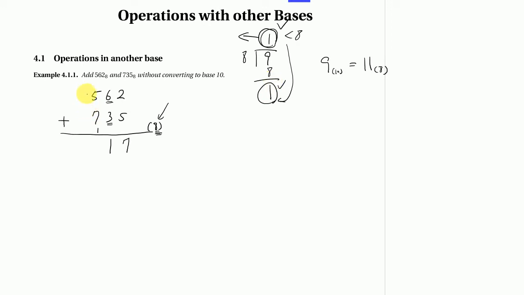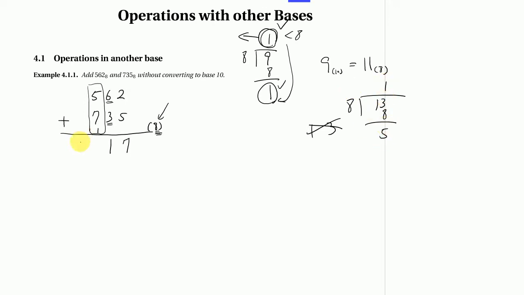Then in the next one, we have to add all these 3 values together. Then it becomes 13, right? So even in the decimal notation, you have to put 1 and 3 like that, right? But now, be careful, 13 is a decimal, so we have to change that one to base 8. So we have 1, 8, and 5 left over.